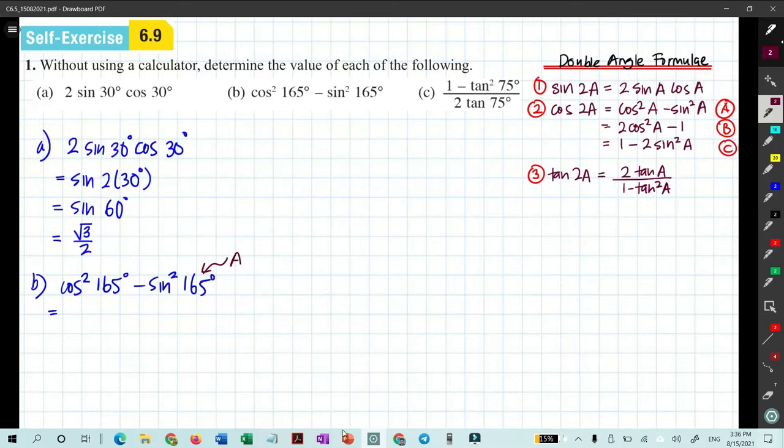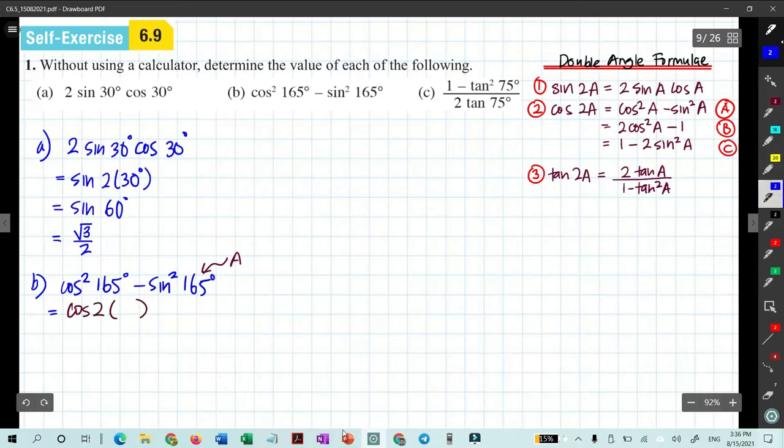Okay, so cos 2 times a, which is 165, is actually equals to cos 330.